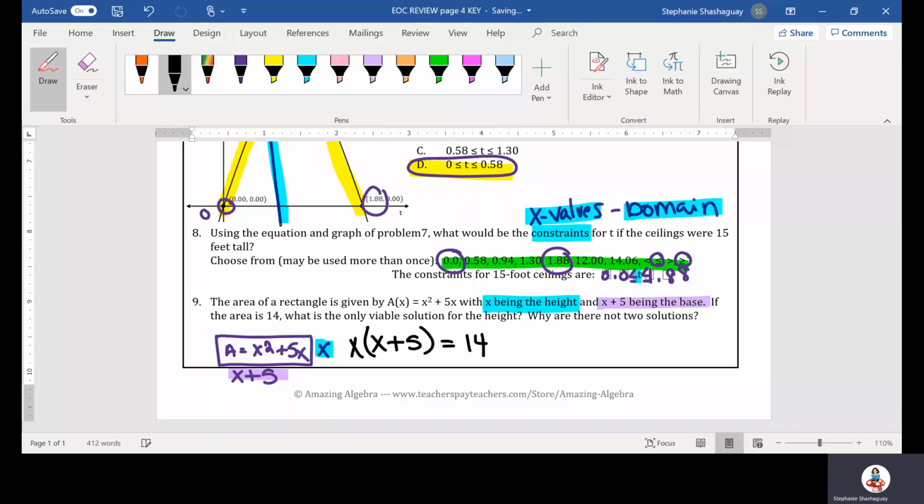Why are there not 2 solutions? Okay, so I have x multiplied by x plus 5, and I know that's equal to 14. So now I need to solve this. So I have my 2 factors here. And I can multiply them out, and I would get x squared plus 5x.